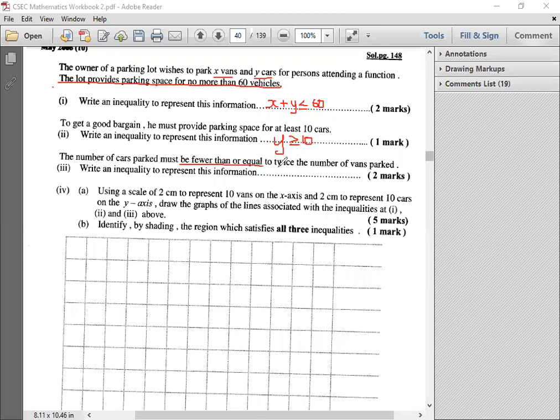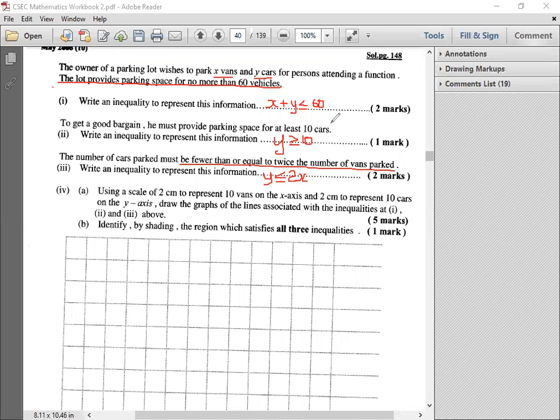For this, cars is Y. So Y must be less than or equal to twice the number of vans.